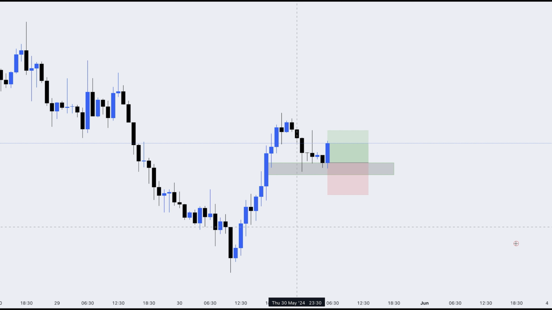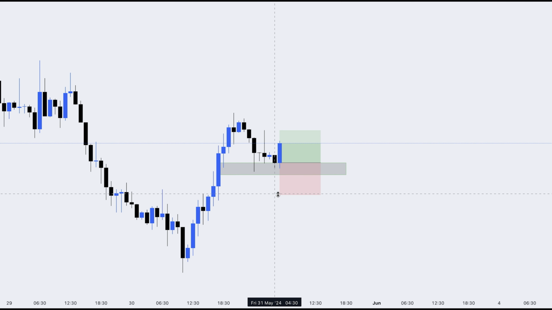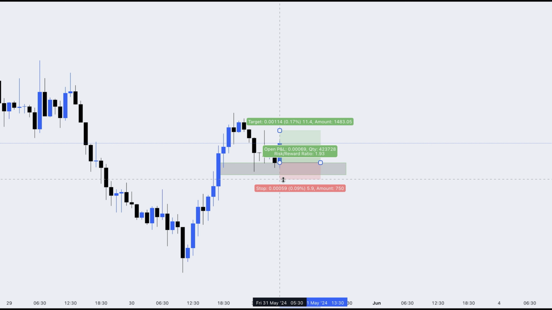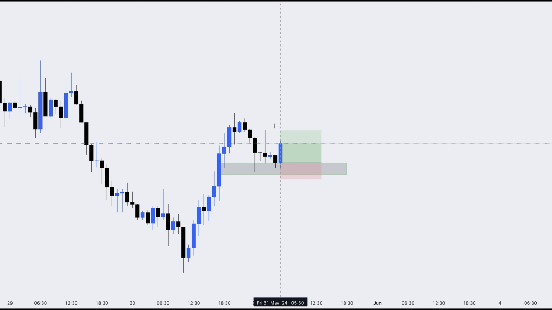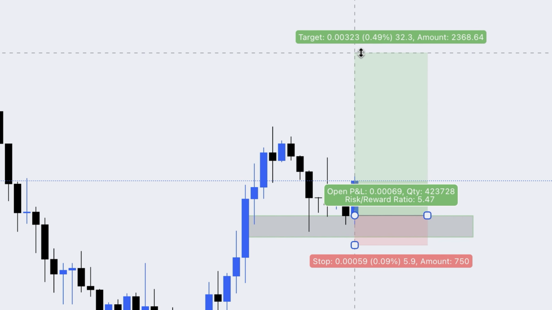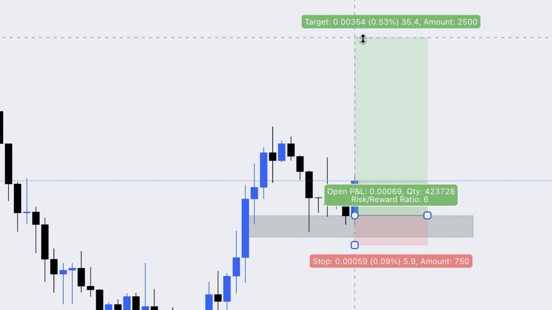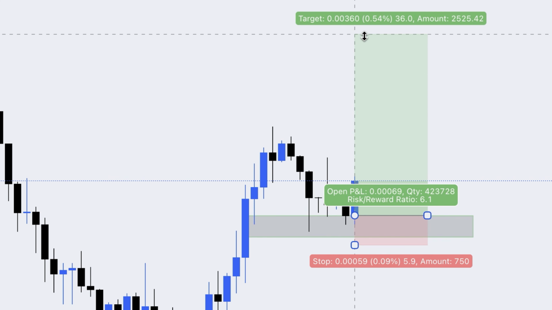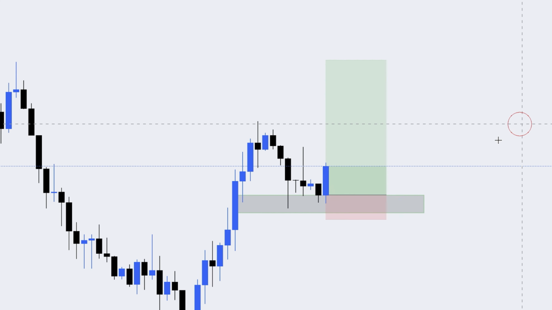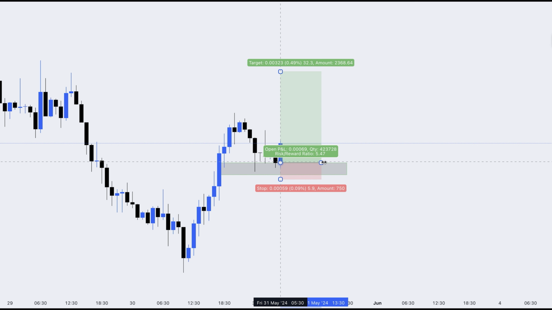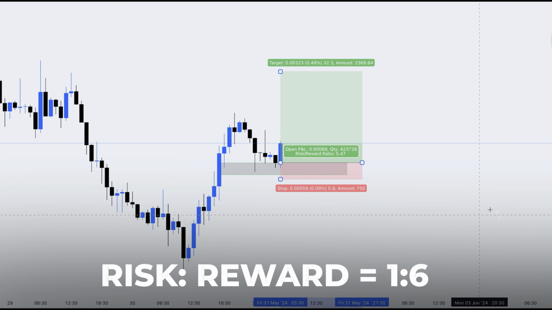Then my take profit will be a little below the zone, or a little below the candlesticks here, to the nearest support or resistance. So this will be the nearest support, and we have a risk to reward of 1:5, which is almost 1:6.